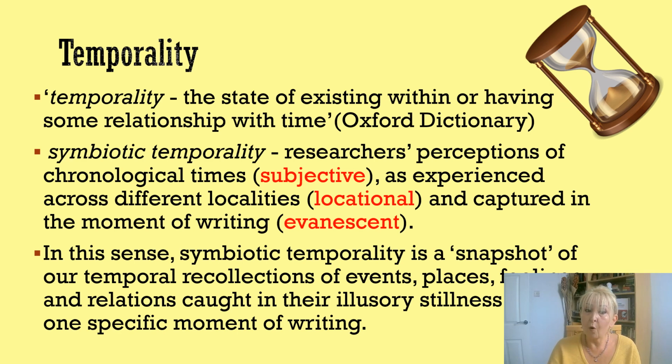Thinking about the Oxford Dictionary definition of temporality as the state of existing within or having some relationship with time, I had to argue that when it comes to autoethnography, this definition sounds incomplete, as autoethnographic temporality includes more than just reference to time, but also incorporates the qualities of being subjective, locational, and what I call evanescent. And I will discuss it further in this presentation.